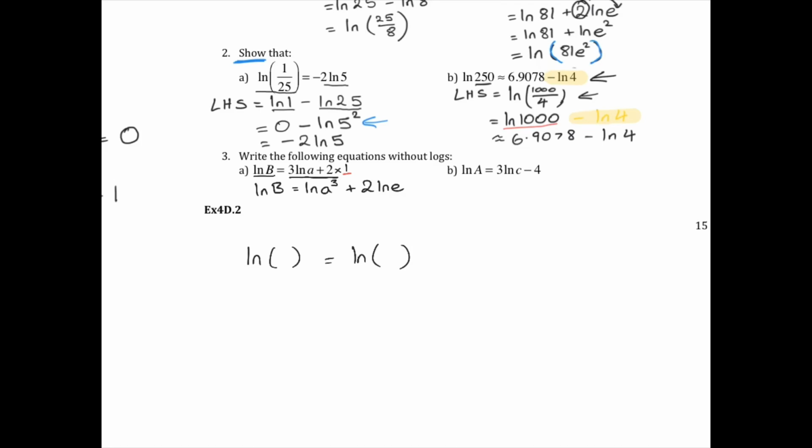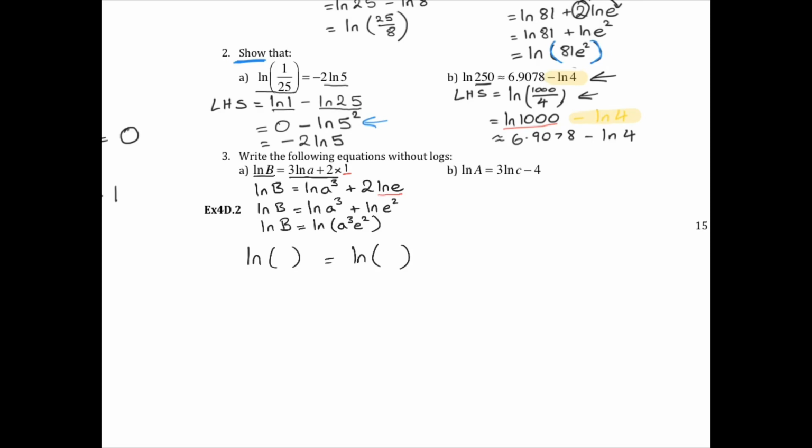And remember, ln e is just 1. And now let's do the next step, which is that becomes ln of a cubed plus ln of e squared. Then using our multiplication law, that becomes ln of a cubed times e squared. Oh, wait a minute. I should have copied down the ln b, sorry.